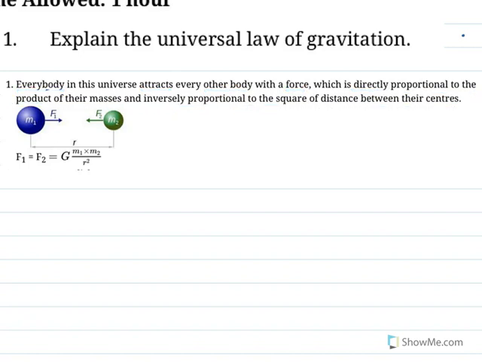So when we have two objects, there is always a force acting between them which is directly proportional to the product of the masses. So F is directly proportional to the product of the masses and inversely proportional to the square of the distance between them.